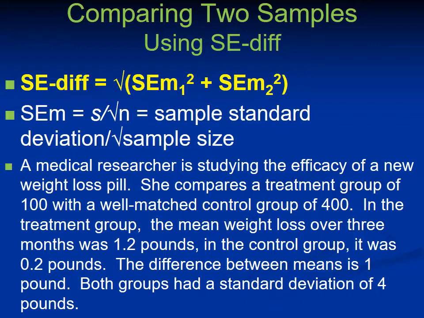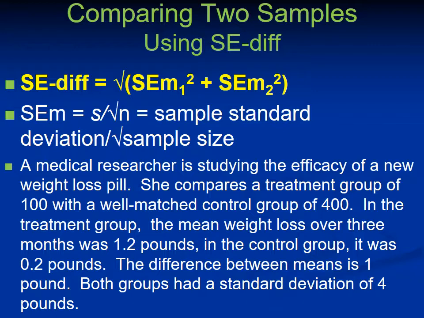So here's our example. There's a medical researcher who wants to study the efficacy of a new weight loss pill. So she takes a treatment group of 100 people. She has a control group of 400 people. And let's assume that there's a placebo pill for the control group and the actual weight loss pill for the treatment group of 100.